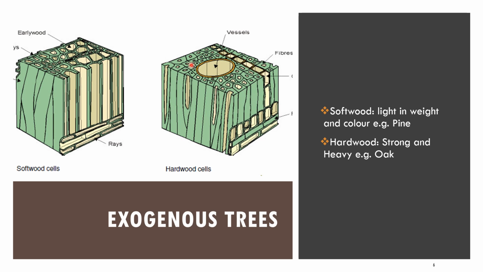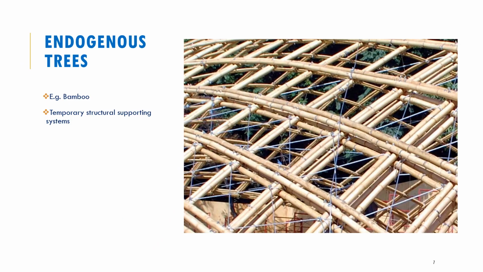What you can notice in both figures is the interlocking cellular system that we talked about earlier. So these different cells and how they interlock with one another to form a lattice. And that's something common not only for exogenous trees, but also in endogenous trees too. Now for endogenous trees, they're classified as being weaker than exogenous trees.